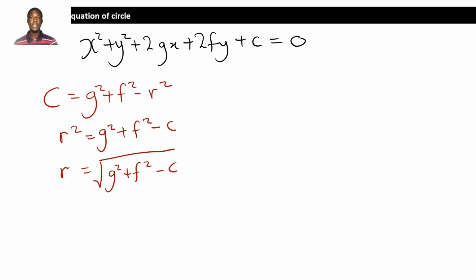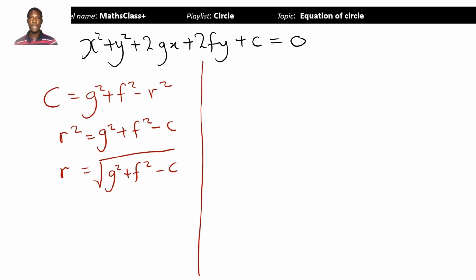The next thing is to talk about the characteristics of the equation of a circle. Now, when you take the equation of a circle, as we have already stated, the variables we have are x and y. 2g, 2f are constants, and c is also a constant.